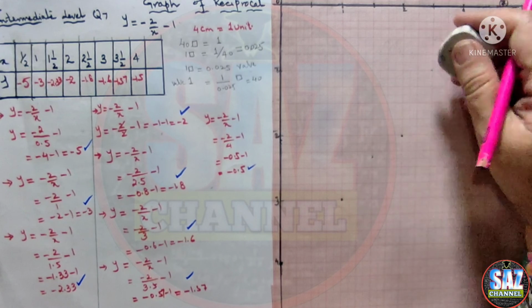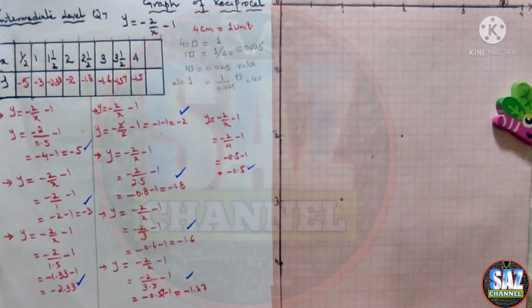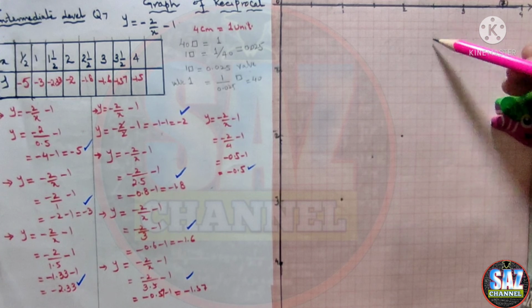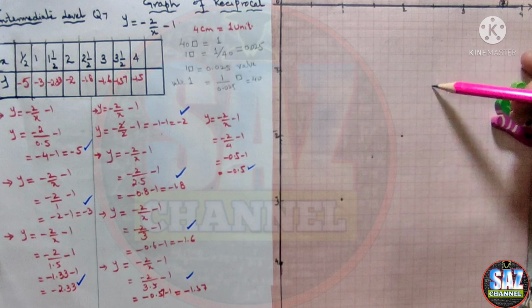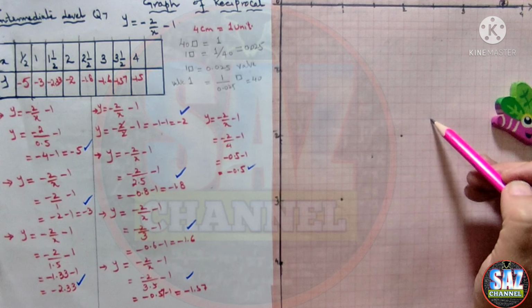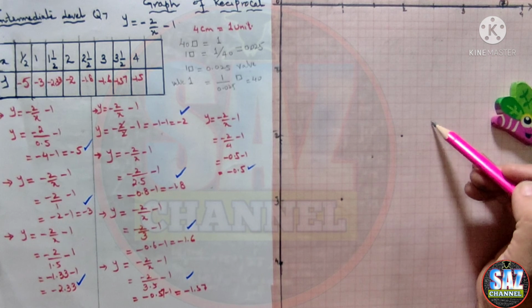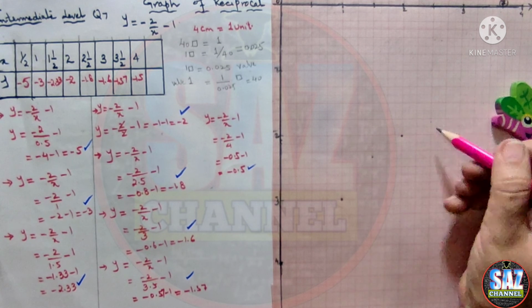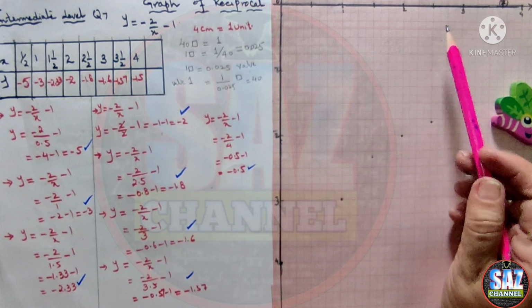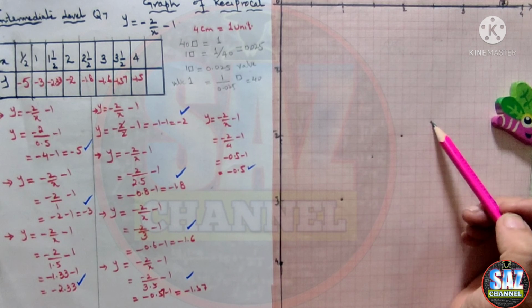Let me remove this so that my students do not mix the points with others. This is 10, 20, 30, 40, 50, 60, 70, and then I have to move 2 blocks further. So this is the position for 72 blocks, at 2.5, minus 1.8.